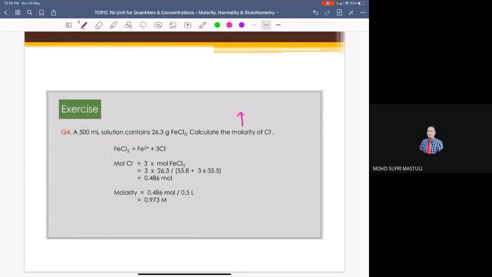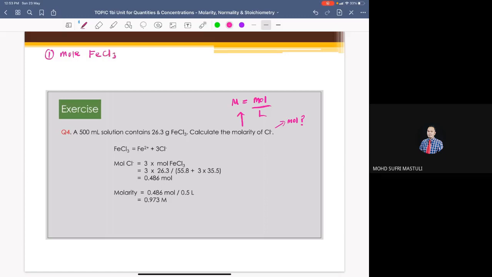molarity is mole per liter. So you have to calculate the mole of Cl minus. So first you have to calculate the mole of FeCl3.